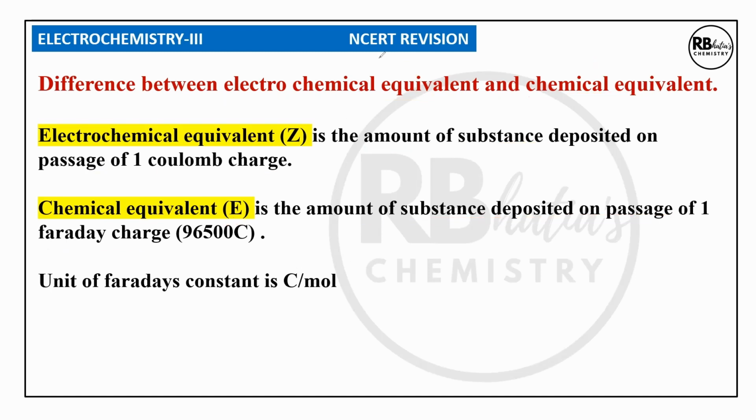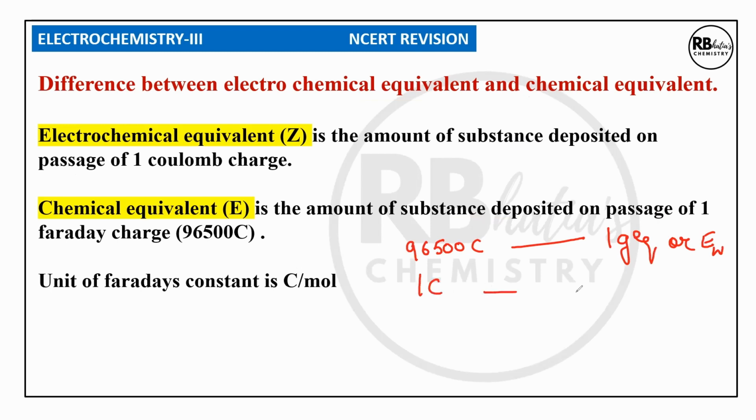So how can we derive one from another? 96500 Coulomb deposits a quantity equal to 1 gram equivalent, or equivalent weight in grams.